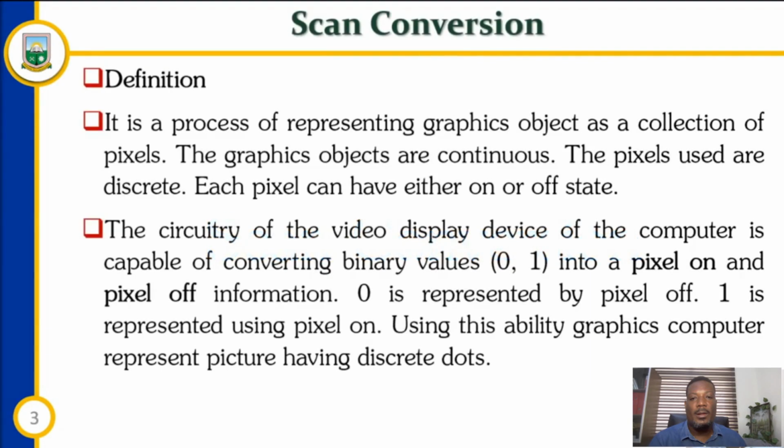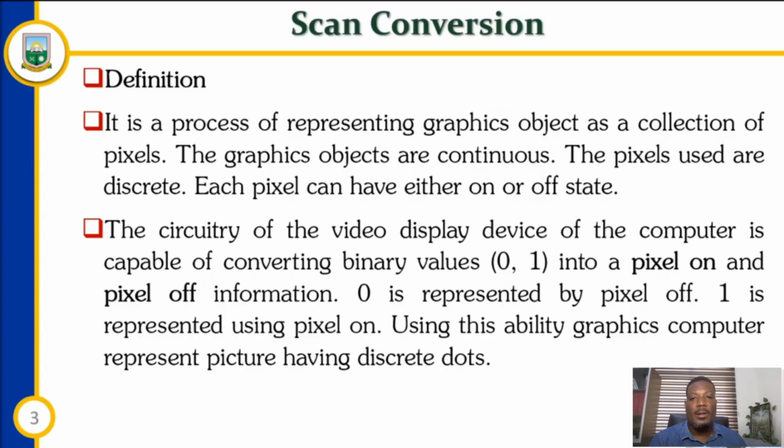Now, when we talk about scan conversion, by definition, it is a process of representing continuous graphic objects as a collection of discrete pixels. A typical example is a line, which is defined basically by its two endpoints and its line equation.